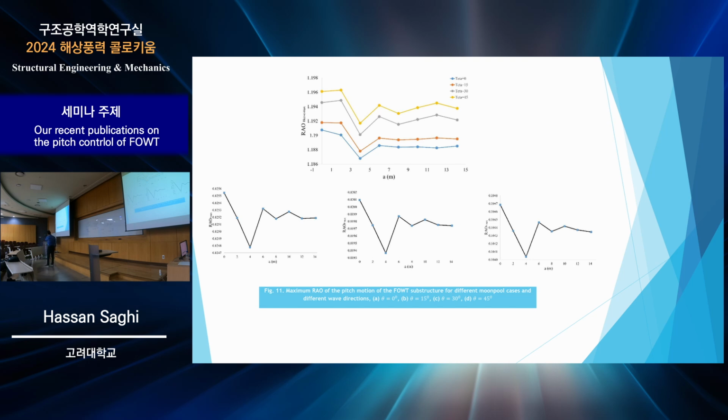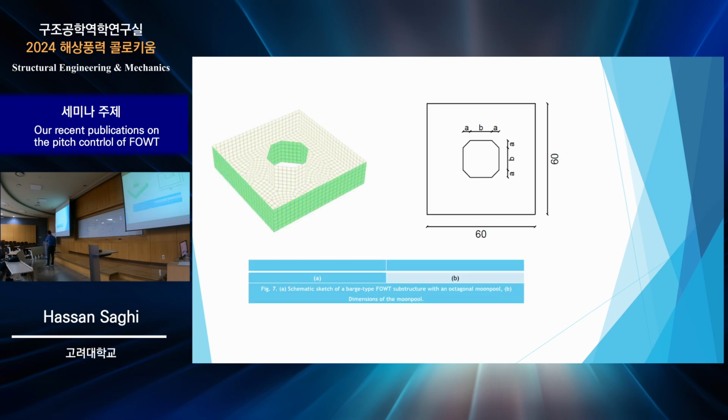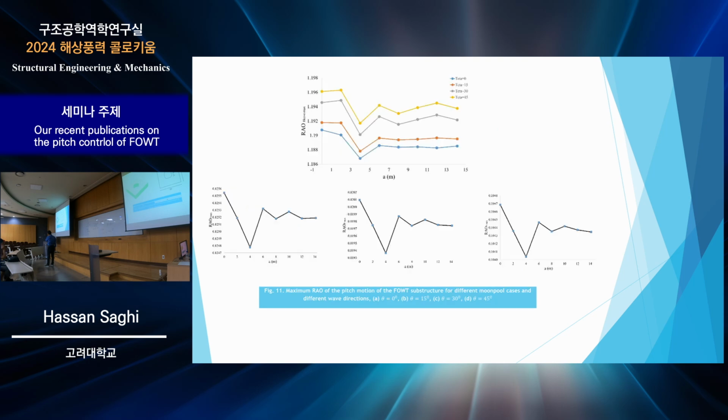In this figure you can see the x-axis, A, is the parameter you can see in this figure, and we compare different cases to find the optimal geometry. This figure is heave and this one is pitch for different waves. In this research, we actually modeled different wave angles from 0 to 45.